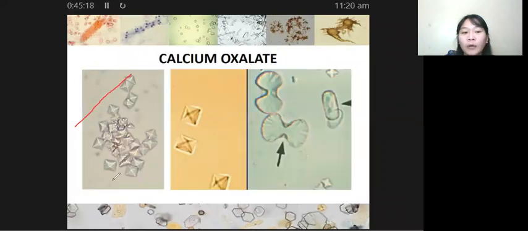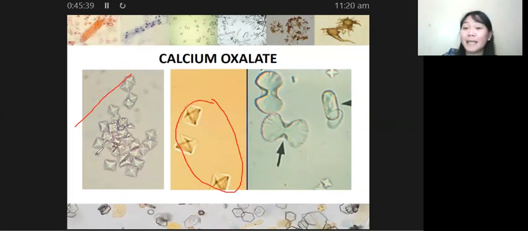This is calcium oxalate dihydrate. This is also an envelope shape, but it is not in clumps. When in clumps, there is a possible presence of kidney stones.